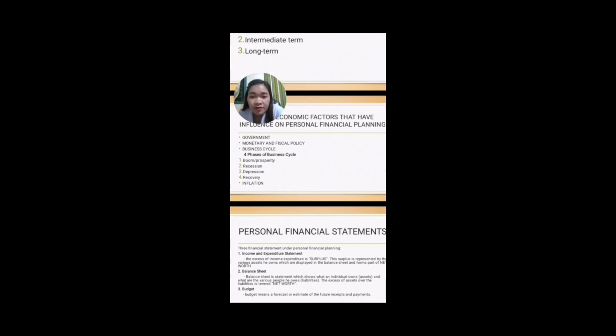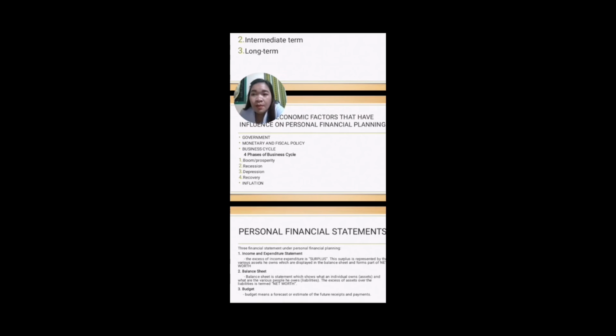No? So, a business cycle has 4 phases, namely boom or prosperity, recession, depression, and recovery. So, mao na ang 4 phases sa business cycle.